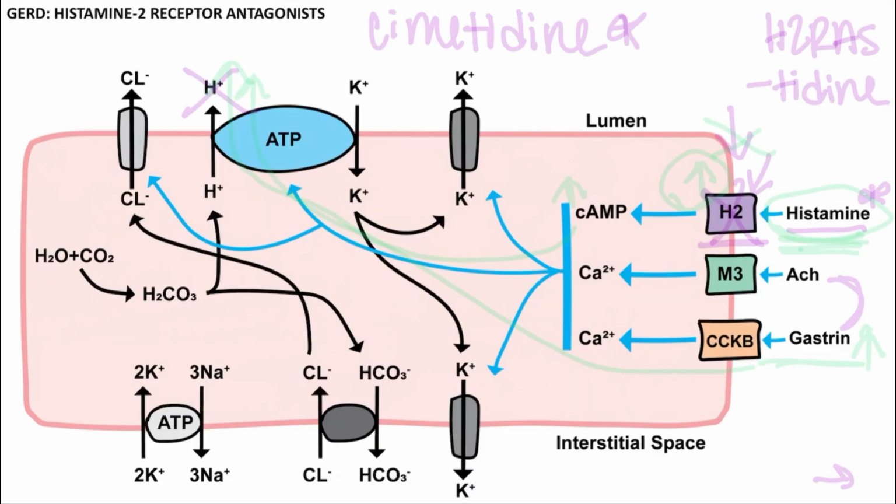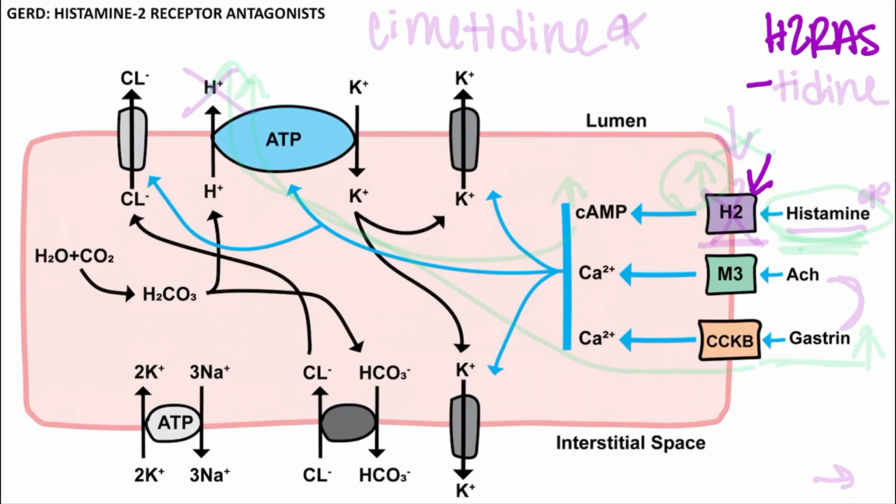So the second class of agents we're going to talk about are the H2RAs, or the histamine 2 receptor antagonists. And these act to inhibit gastric acid secretion by inhibiting the H2 receptor. And these agents include famotidine, cimetidine, and used to be ranitidine or Zantac, which was withdrawn recently because of safety concerns.